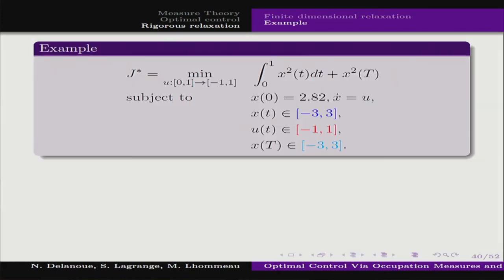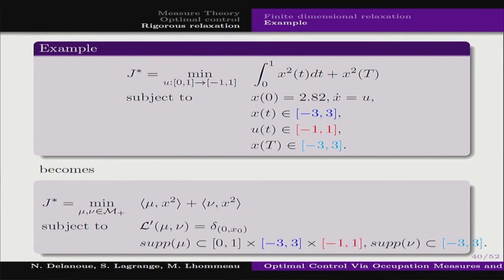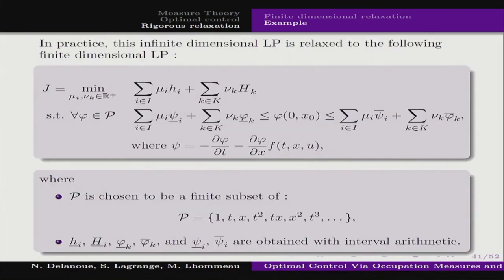So let me consider this example. It's a classical one which is present in many books about optimal control theory. It becomes first this infinite dimensional linear programming problem. You can see I just rewrite it differently. Then it can be relaxed according to what I have shown before.